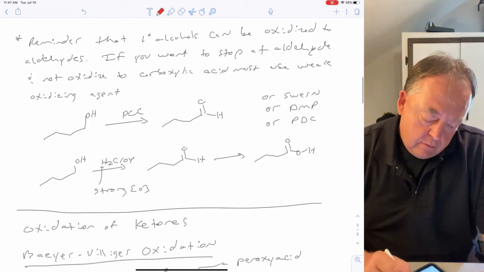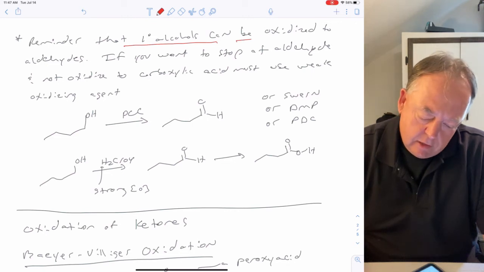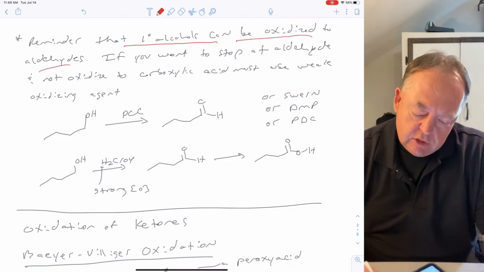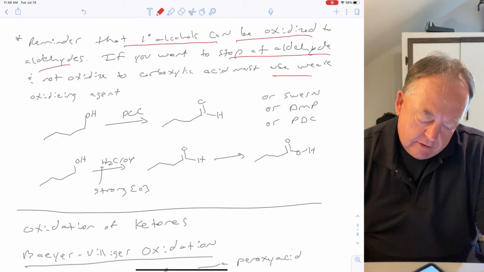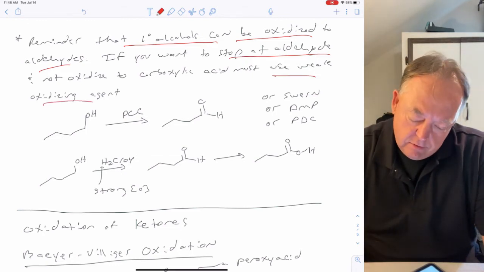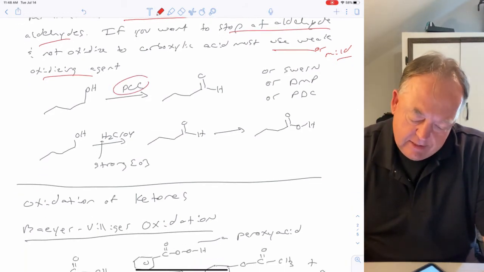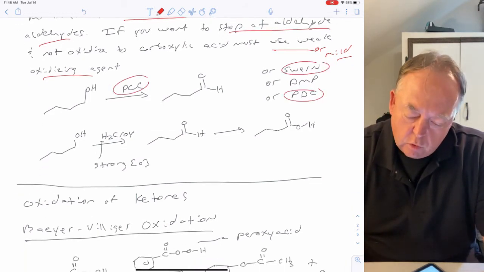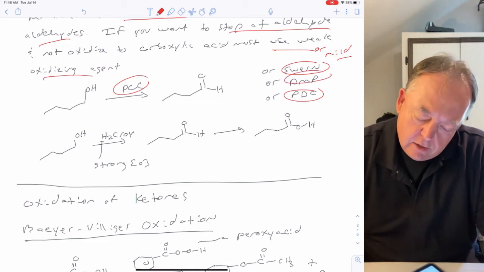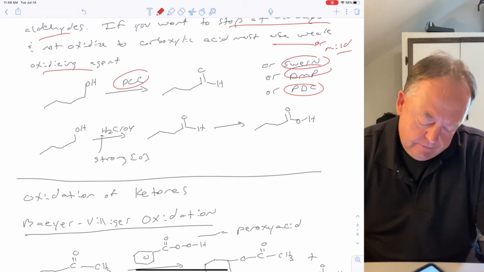If you remember back in chapter 11, we talked about the oxidation of primary alcohols. They can be oxidized to aldehydes, but if you want to stop at the aldehyde, then you have to use a weak or mild oxidizing agent. If you remember what those reagents are: PCC, PDC, the Swern oxidation, or DMP, the Dess-Martin periodinane.